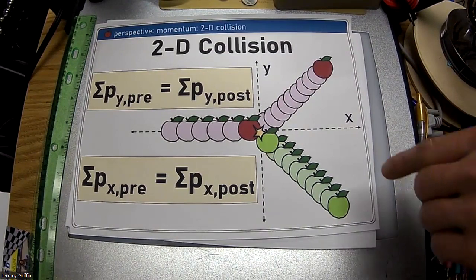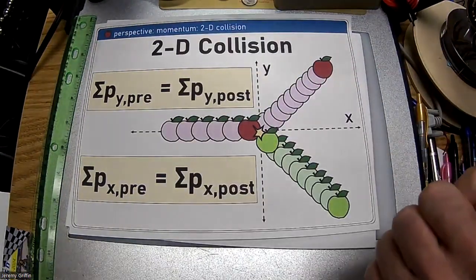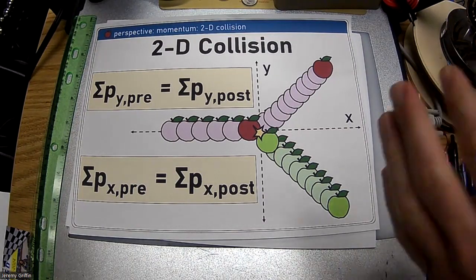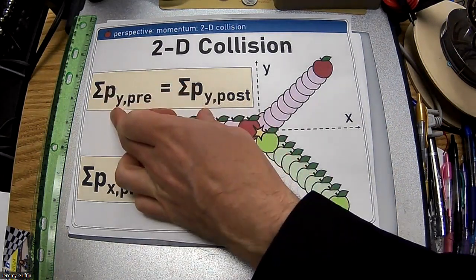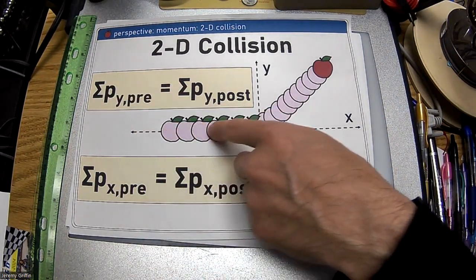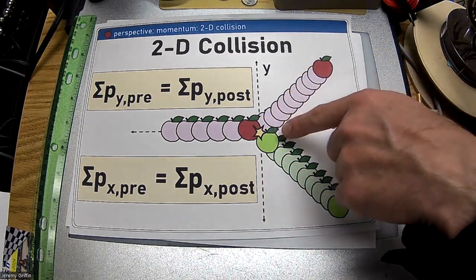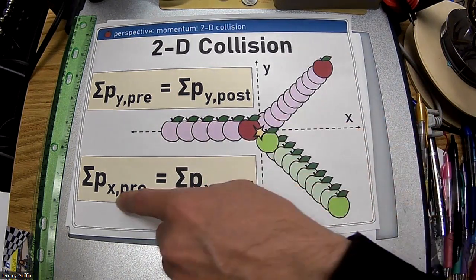Whatever the scenario, I've got this Cartesian plane, x and y. Momentum is conserved in each direction. So regardless of what kind of collision you're working with, the momentum in the x direction is conserved, and the momentum in the y direction is also conserved. In my case, maybe I've got a red billiard ball bouncing off this green billiard ball. There's definitely some rightward momentum that's conserved before and after.